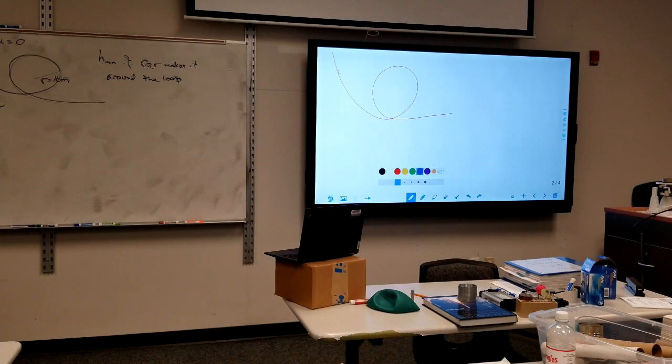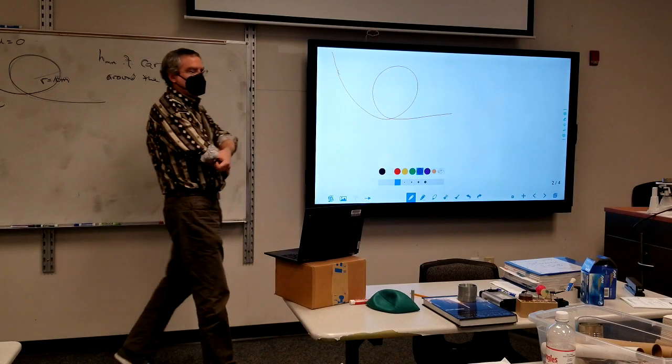What about the normal force? Is it doing any work? It's keeping it up. It changes as it goes around, right? What's the direction of movement of the cart? It's moving down and to the right, so the normal force is pushing it to the right. It's always going to be perpendicular to the motion.